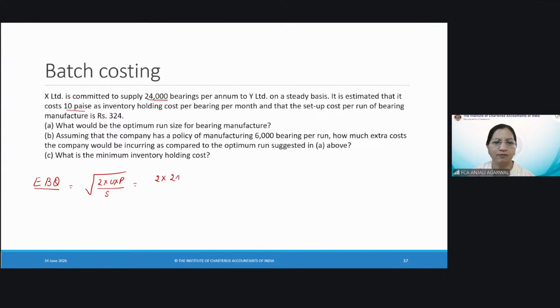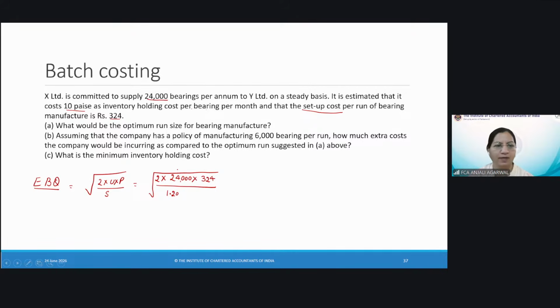So 24,000 bearings is something you need per annum, and cost of setup per run is 324. Divide by storage cost. It's 10 paisa as inventory holding cost per bearing per month. So 10 paisa per month. In 12 months, it becomes 1.20 per annum.